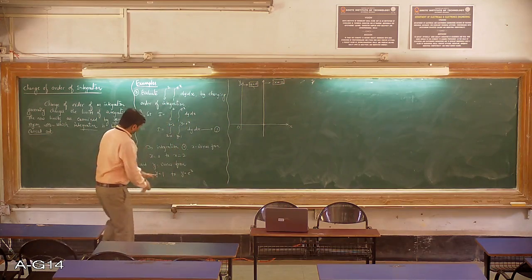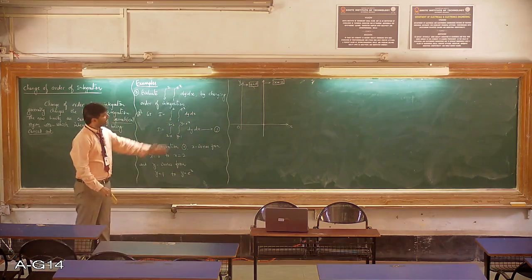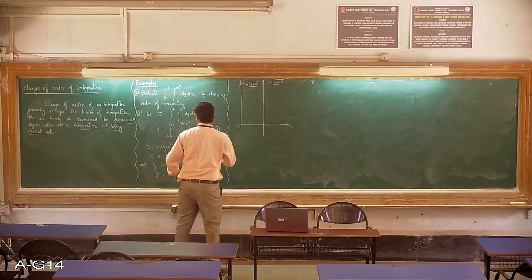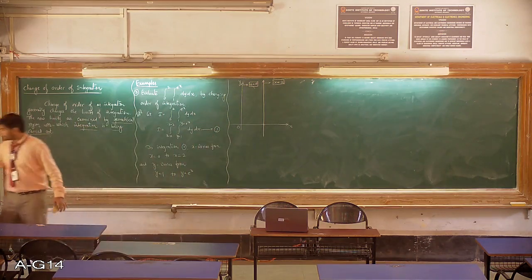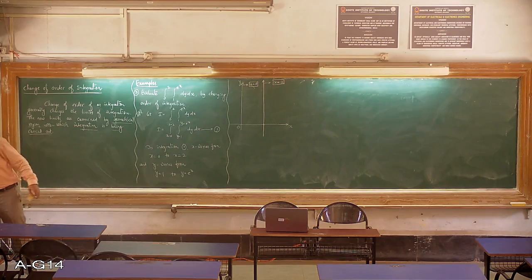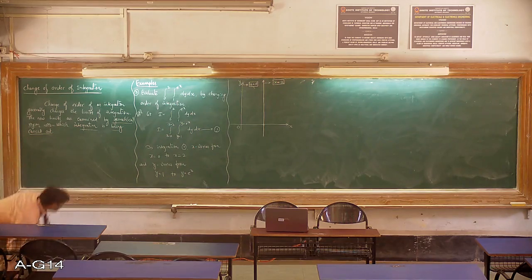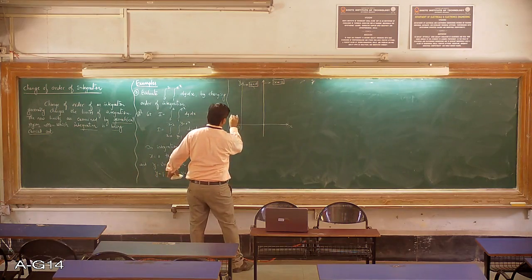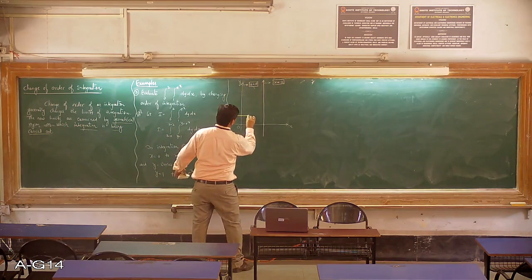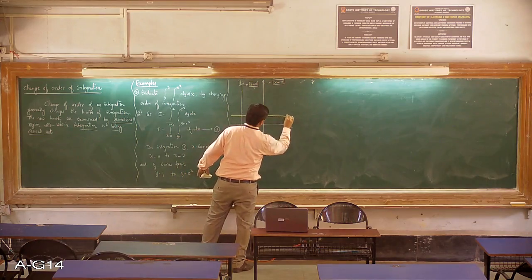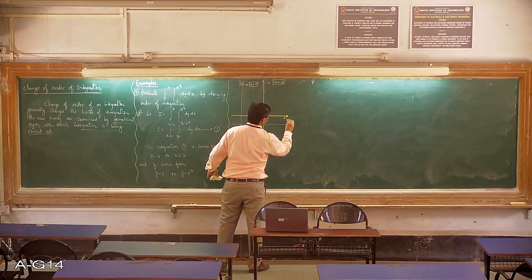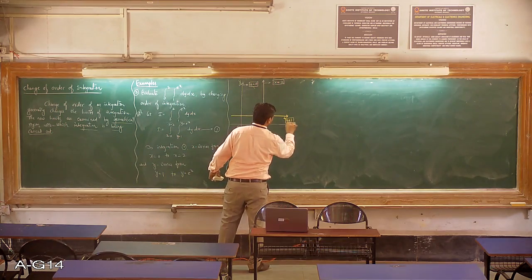Now next, y equals 1. Okay, already you people have seen in the last example, y equals 1 means that is a line which is parallel to the x-axis at y equals 1. So somewhere here we can say. Yes, so this is the line y equals 1.